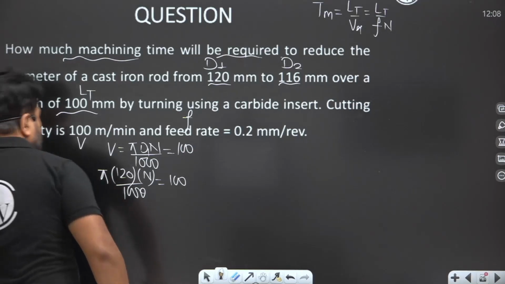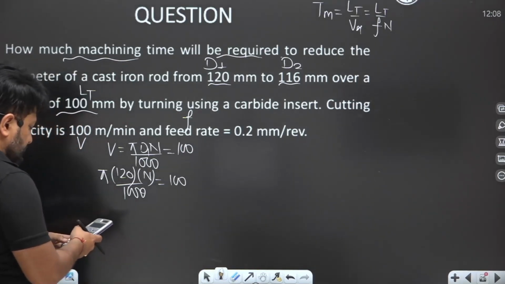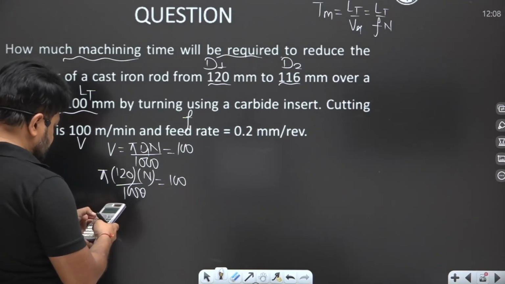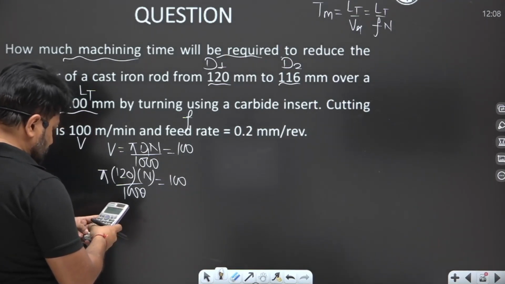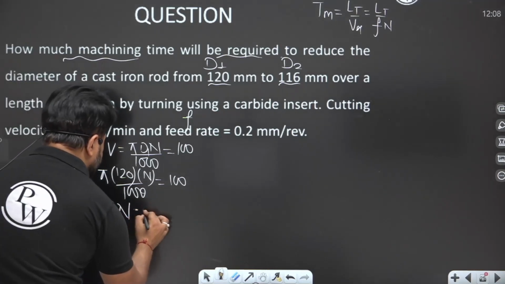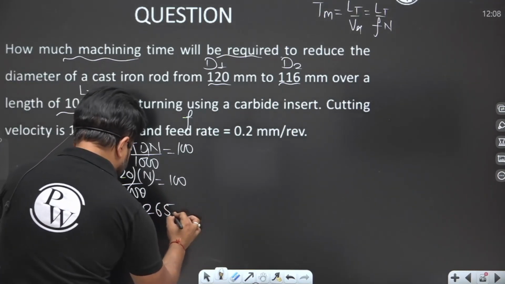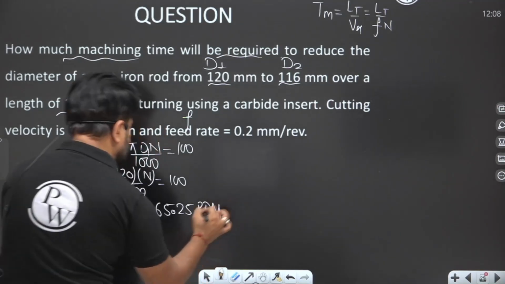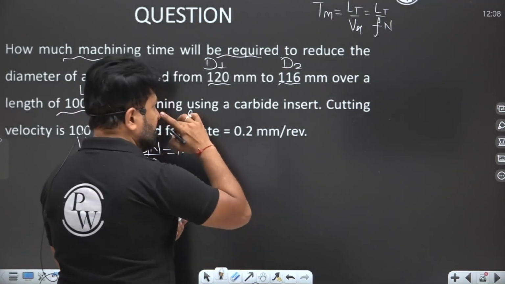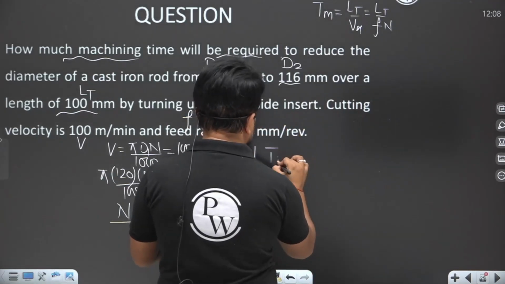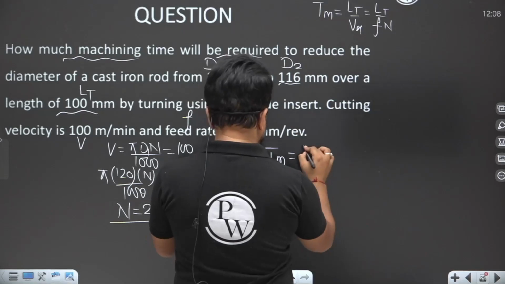So we are going to calculate the RPM: 1000 into 100 divided by pi into 120. So here RPM will be 265.25 revolution per minute.